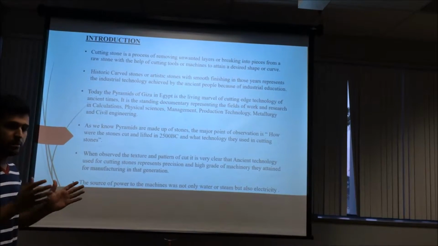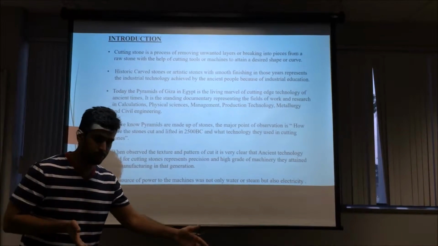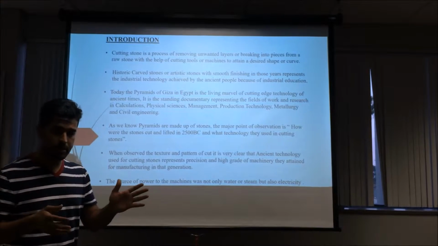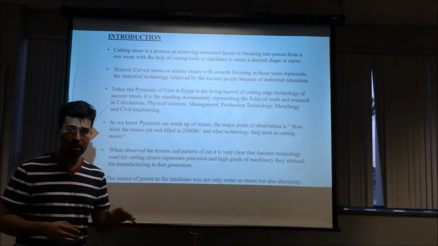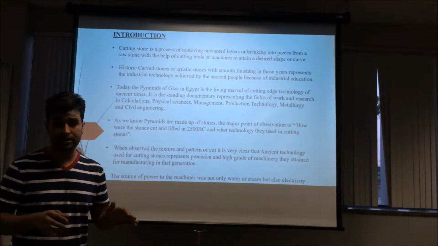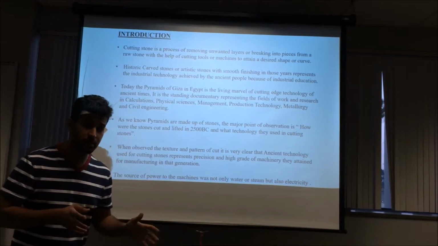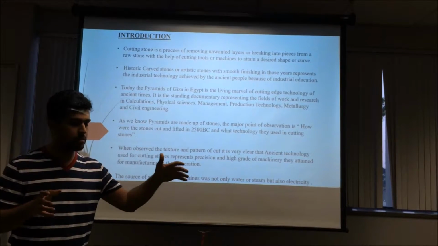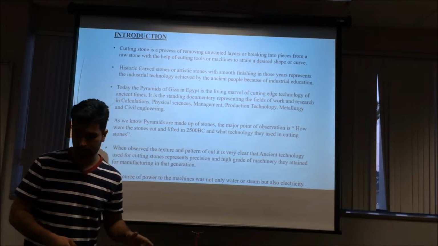Let's imagine a stone placed on a fixture and a big rotatory blade, probably running at 1000 rpm, cutting the stone. In today's generation, that uses water as the coolant and heavy motors using electricity as the running power to cut the stone.